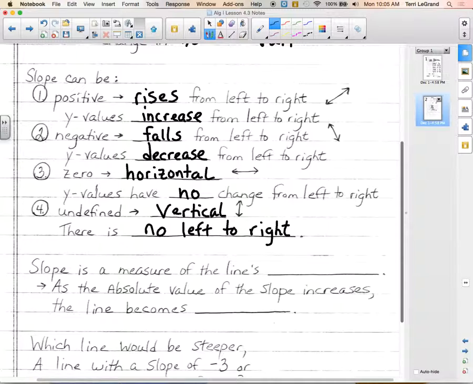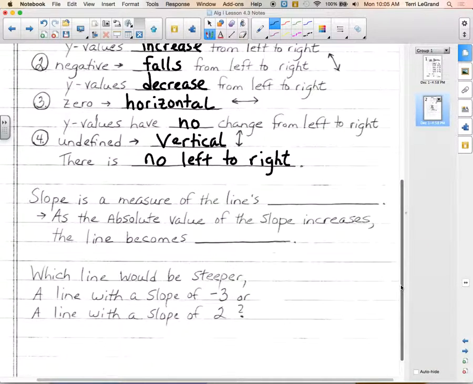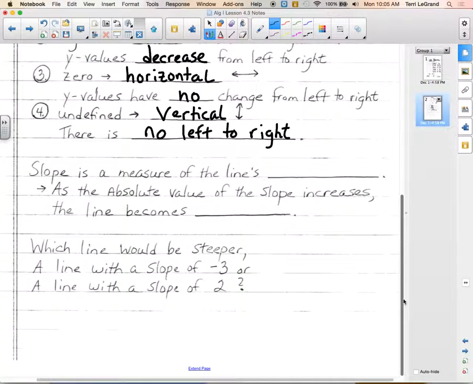Our independent variable is not changing, it's not controlling anything, so we talk about an undefined slope. So zero slope does not mean the same thing as undefined slope. You have to be able to talk about them differently and understand what each of them means. So slope is a measure of the line's steepness.